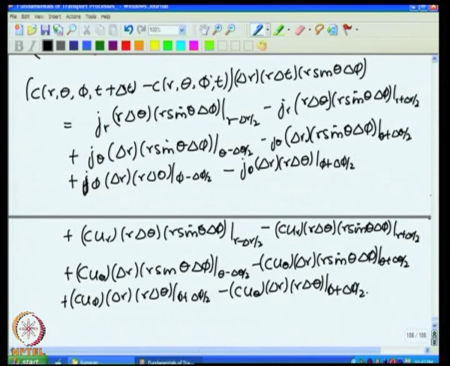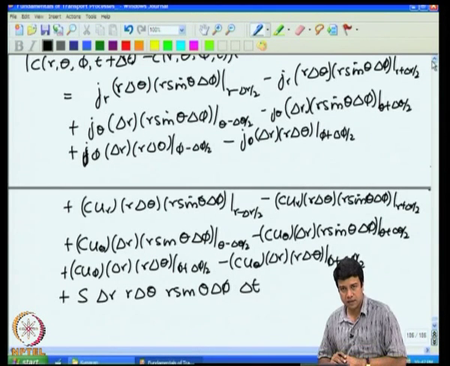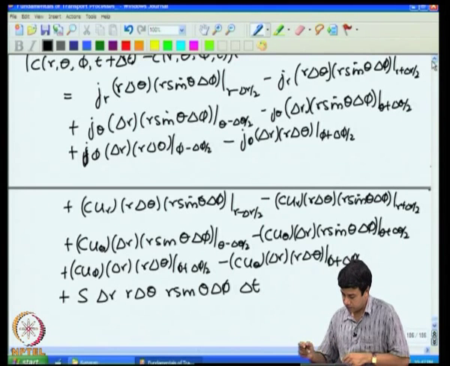Okay, so those are the terms due to convection, and finally I am going to get a source term, plus S delta r, r delta theta, r sin theta delta phi and delta t. Okay. So, that is the final expression for the difference equation, and in order to get the differential equation, as usual I divide by delta t and I divide by volume.